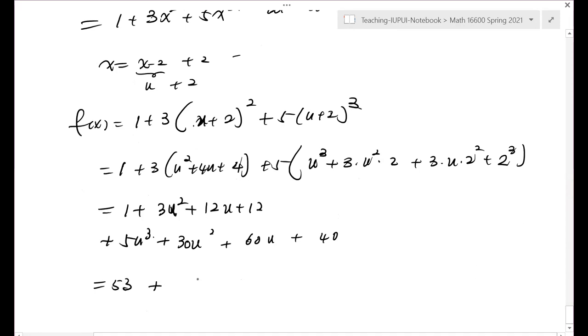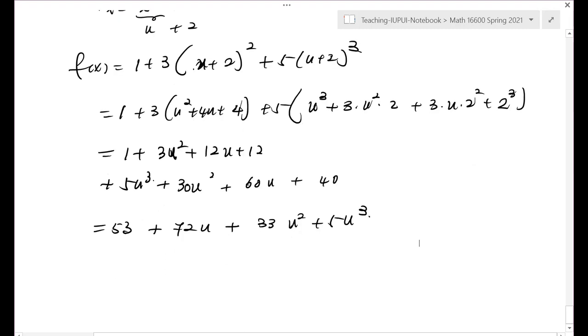And 12 plus 60, 72u. 3 plus 30, 33u squared. Plus 5u cubed. Okay, so that is a polynomial in u.